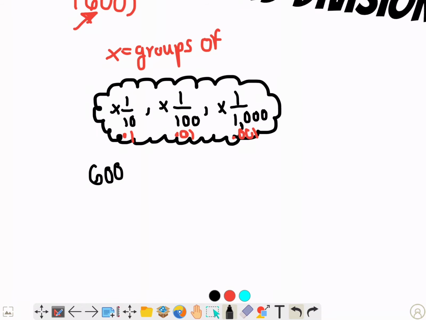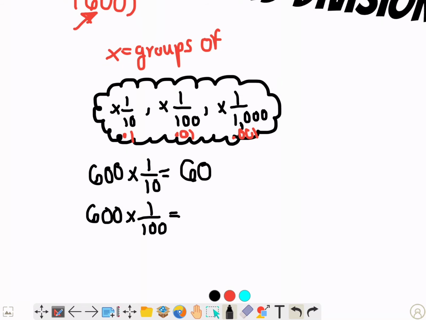600, remember that's our base number, times 1/10 equals what? Well, you have 600 groups of. How much money is in each group? You have 600 groups of dimes. So you have 600 groups of 1 dime. If I was to talk about that as money, that's $60. If I have 600 groups of 1 penny, that means I have $6.